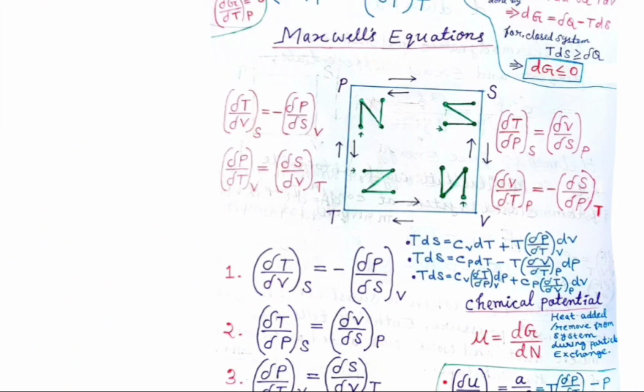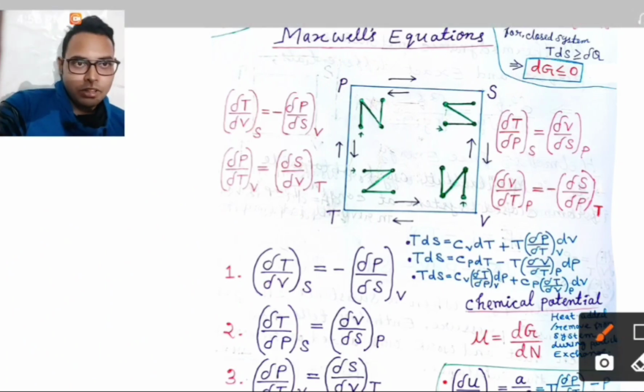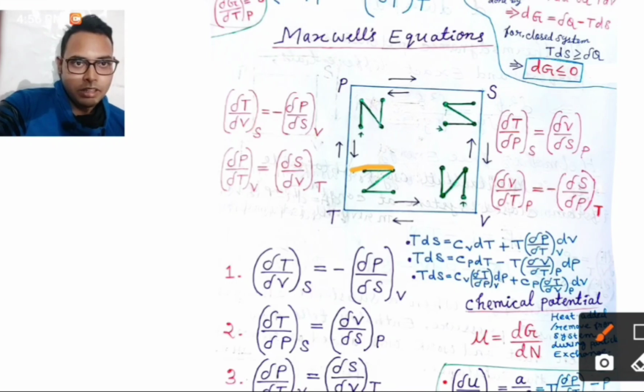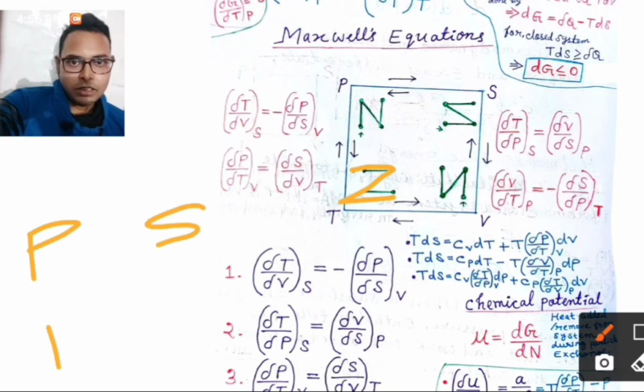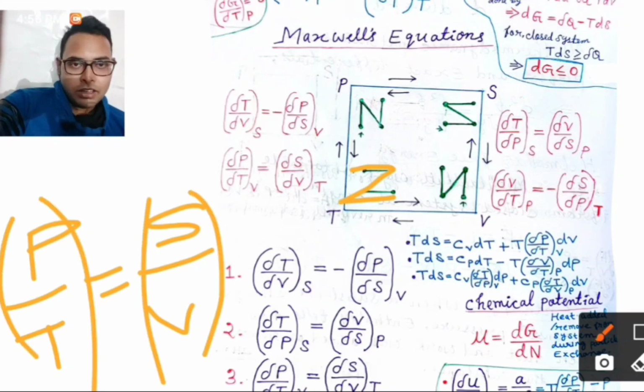In the second Maxwell equation, you start from here. P S T V, right? P S T V, then divide them and put an equal sign, and what will be the constants here? So first comes P S, so what will be next?